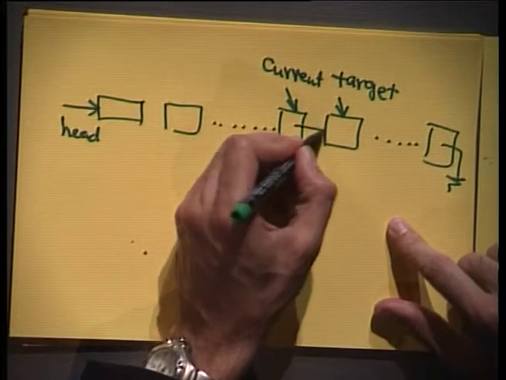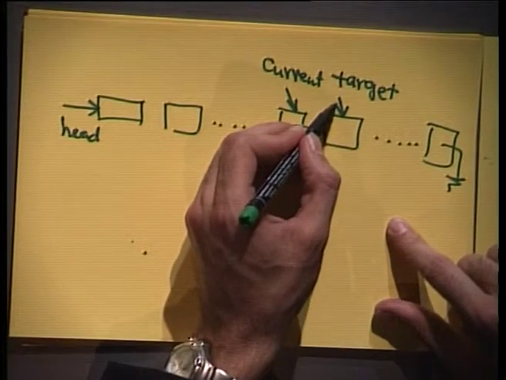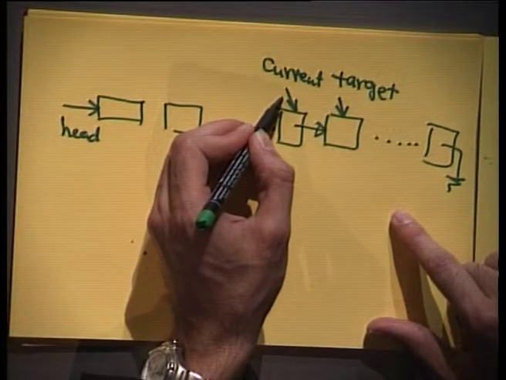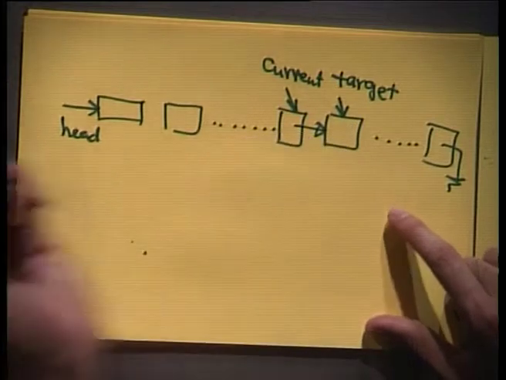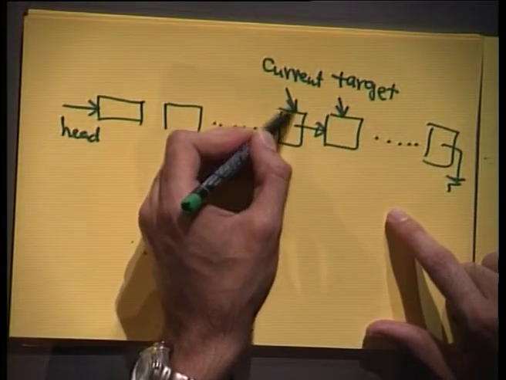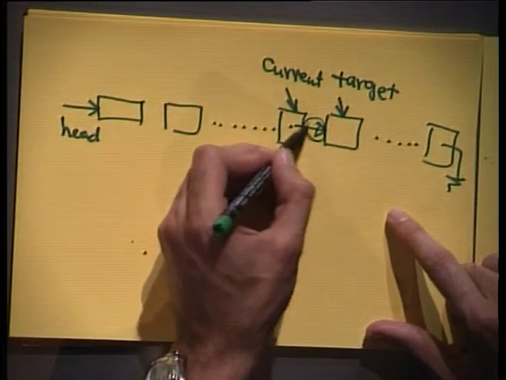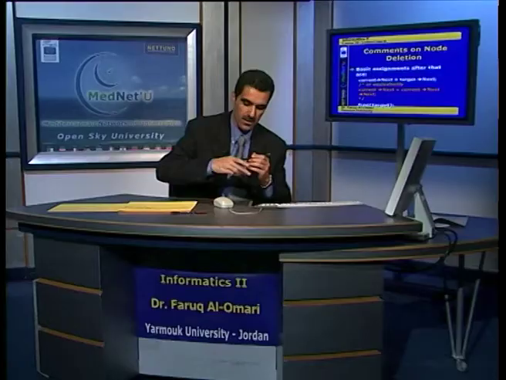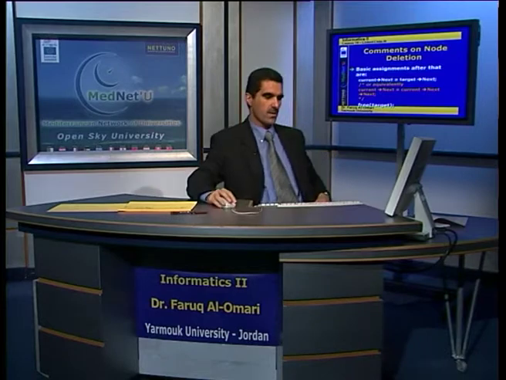Okay? So basically, in the first round, I will find target. In the second round, I will find current, which is just before this. And then, based on this, I'm just going to say current arrow next points to target arrow next. All right? And that's the statement we're saying in here.